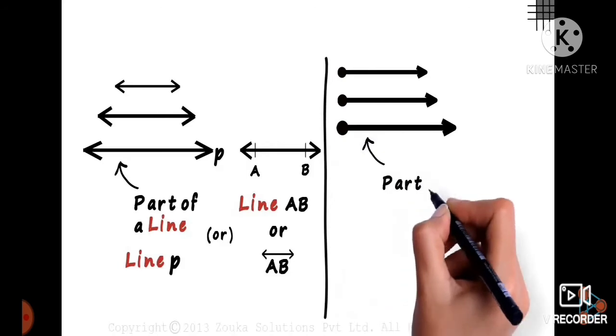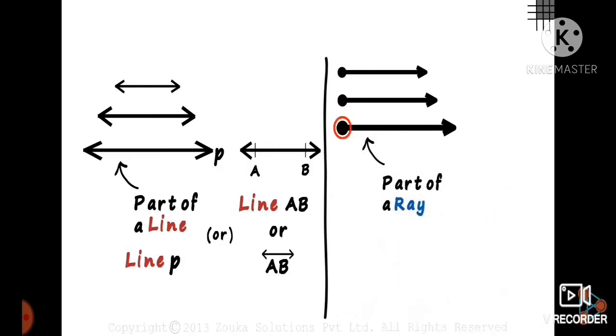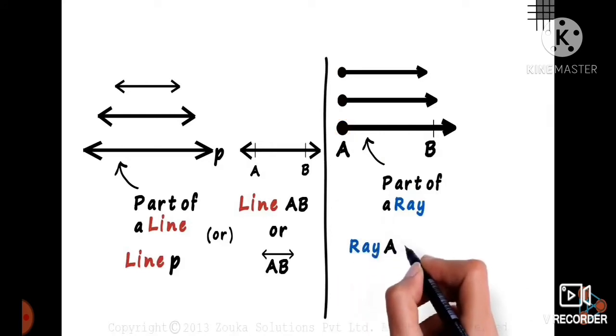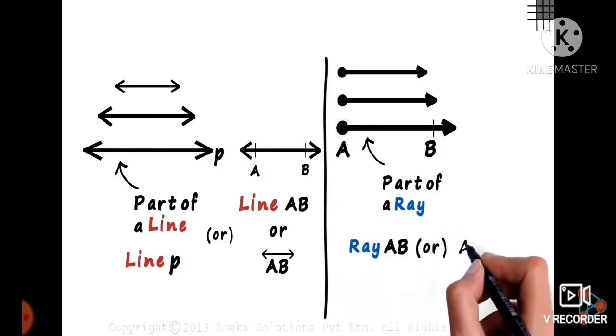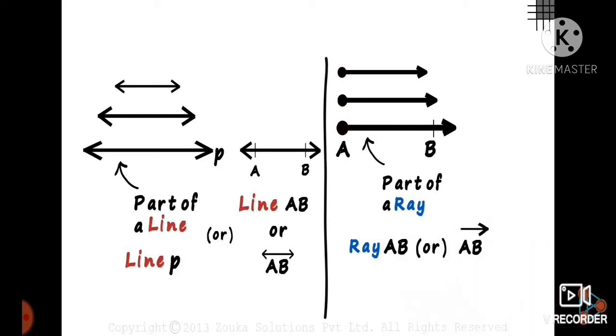It has only one endpoint, and its other end can be extended infinitely. Here AB is a ray, and A is its endpoint.